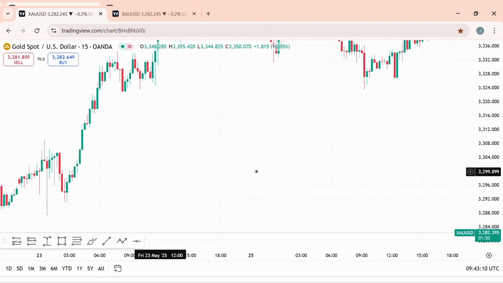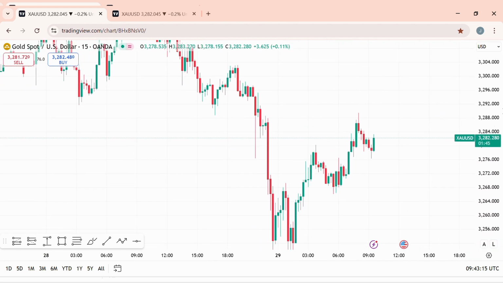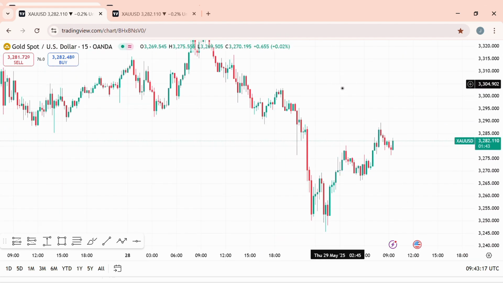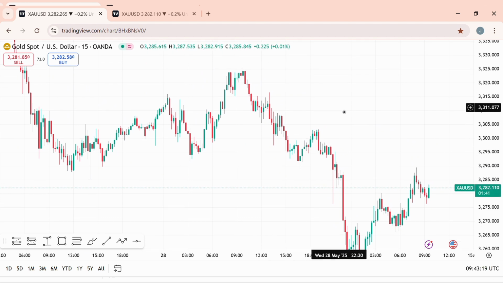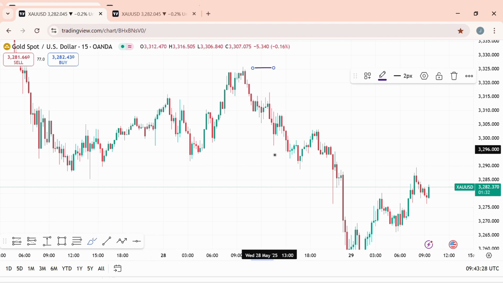Let's try and look for a downtrend market. In a downtrend market, we're going to do the same thing, but I told you zero should be on the lower side. So let's look at this one, from here to here.